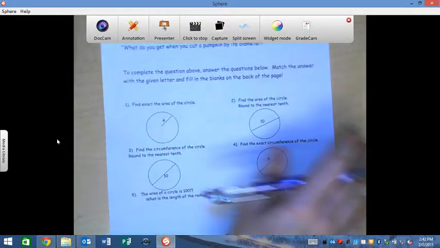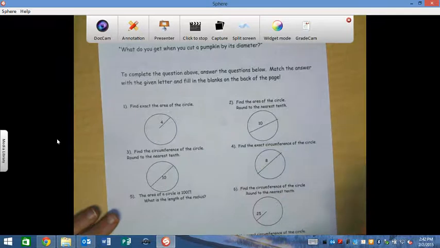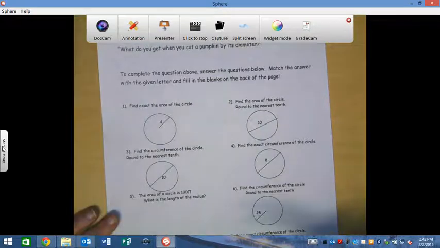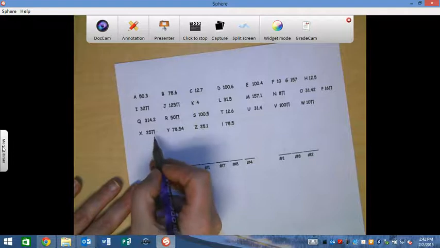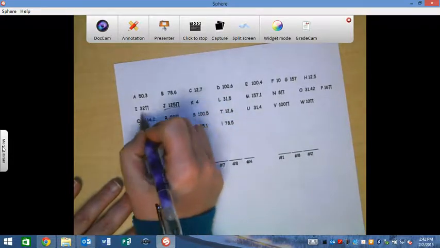Okay, so on to the riddle page. Now this one is going to be a little different, because last time we used 3.14 for pi, but we don't always have to fill in a number for pi. If you flip over to the back, you can see that sometimes they leave pi just as the symbol.